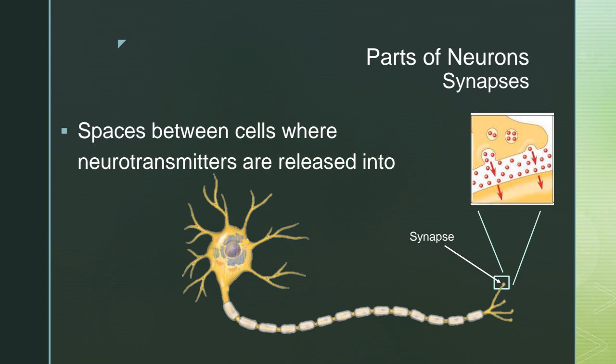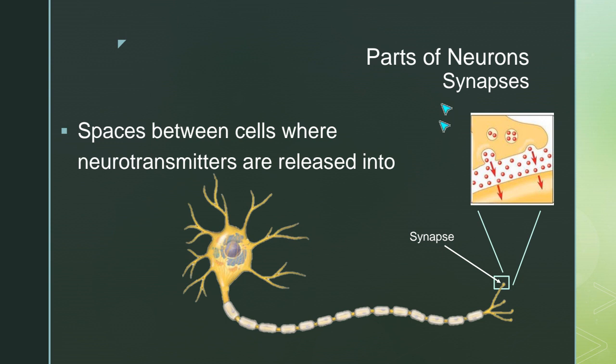So let's look at another key feature when we're talking about neurons, the synapse. Synapses are the spaces between neurons where neurotransmitters are released. We will learn a lot more about synapses in chapter 4, because it's so much more than just a space between neurons. But for now, that's what we can think of it as.